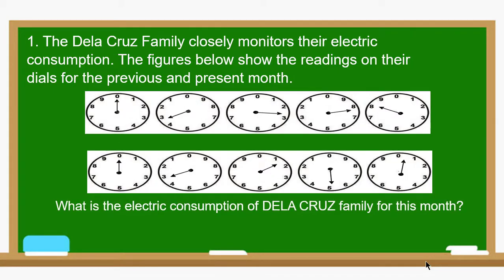What is the electric consumption of De La Cruz family for this month? If your answer is 128 kilowatt hour, then you are correct.